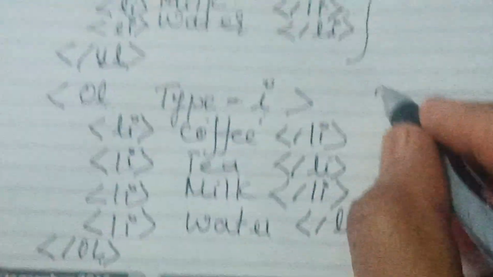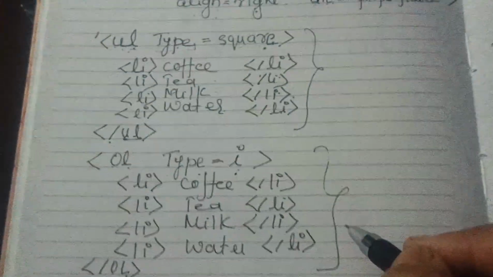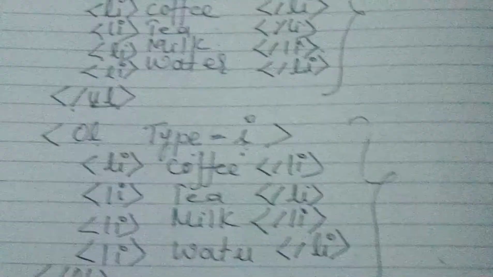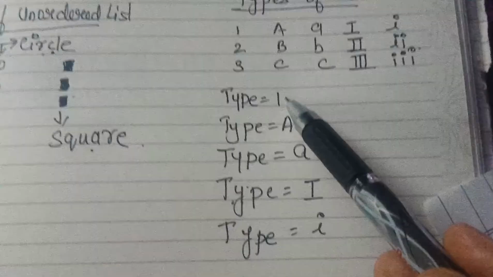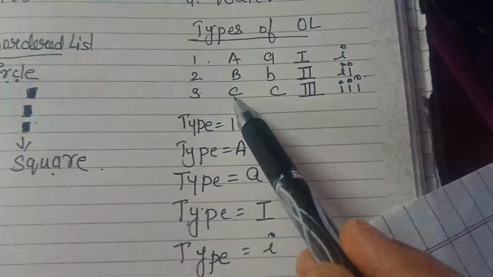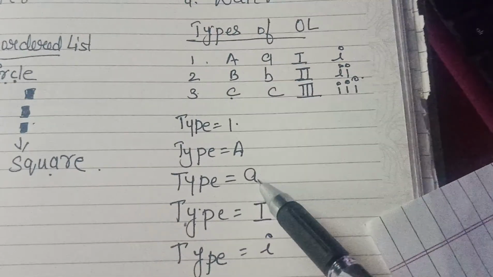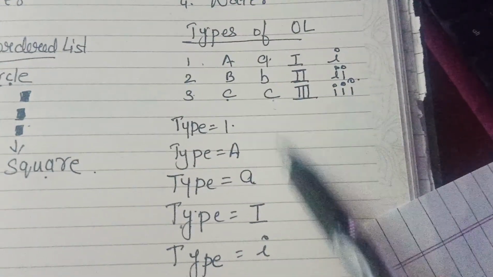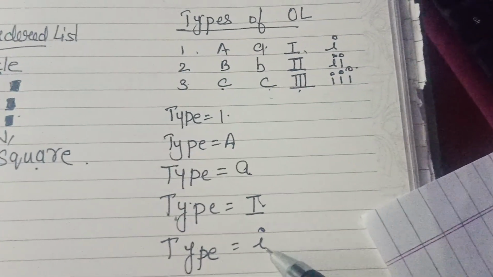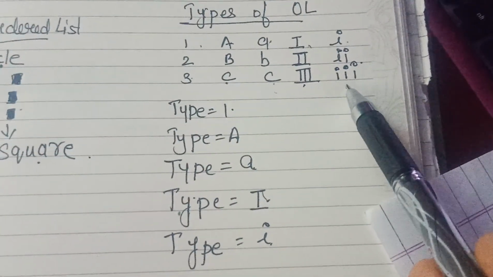So this is how we can actually create an ordered list. Now here I have written type as i. You can also write type as 1. It will come like this. Type as capital A, it will be numbered like this. Type as small a, this is how the list will appear. Capital I in Roman capital letters, small i in Roman small letters.